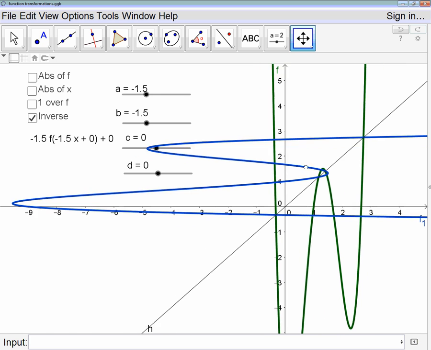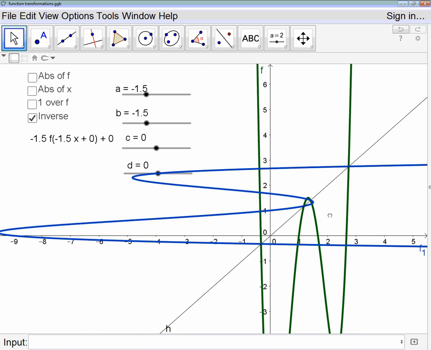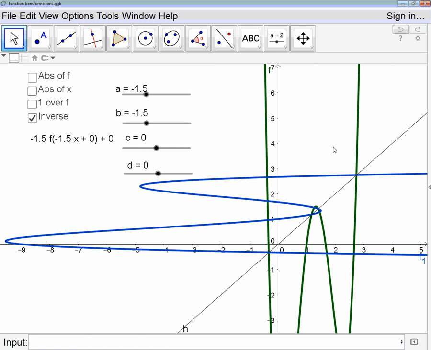If you look closely, where these functions intersect each other, they all intersect on the line, because effectively, it's acting like a mirror.